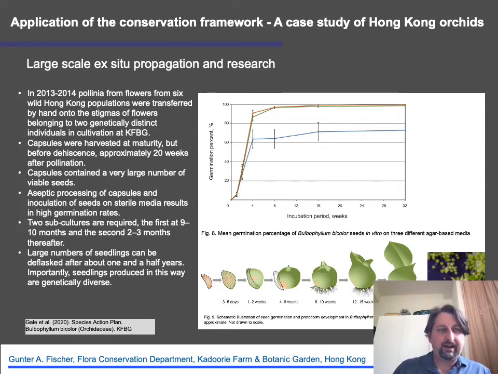The capsules were harvested at maturity before dehiscence, approximately 20 weeks after pollination. The capsules contained a very large number of viable seeds, and it was very successful to propagate them asymbiotically. We had to do 2 subcultures, and a large number of seedlings could be deflasked after 1.5 years. And importantly, because of the cross-pollination, genetically distinct seedlings were produced.